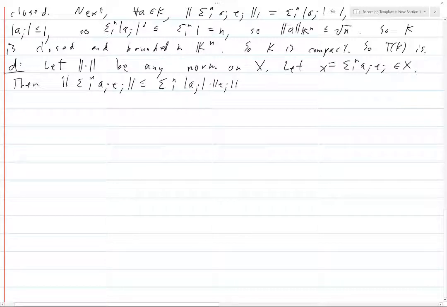And this is certainly going to be less than or equal to, we don't know what value this is going to put on the norms of the e_j, but it's certainly going to be less than the max over all j from 1 to n of the norm of e_j times the sum from 1 to n of |a_j|.